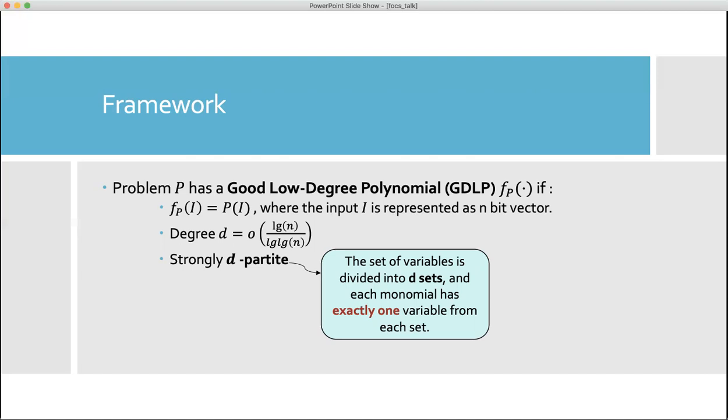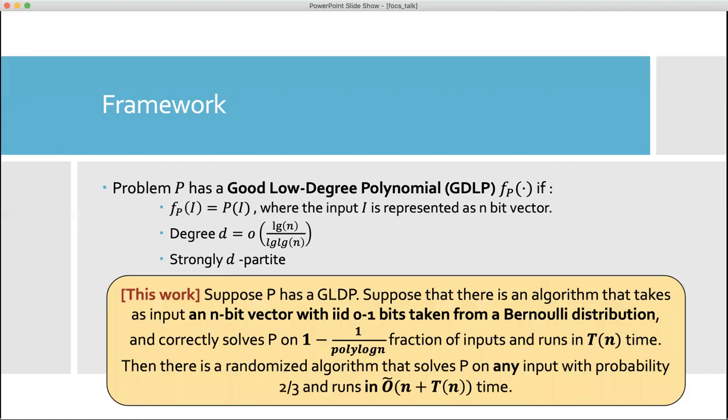So why did we define this notion? It is because of this theorem that says that problems with GDLPs have self-reductions from their worst case to their uniform average case. More formally, suppose P has a GDLP, or good low degree polynomial. Suppose that there is an algorithm that takes as input an n-bit vector with IID 0, 1 bits taken from a Bernoulli distribution, such that it correctly solves P on a 1 minus 1 over polylog n fraction of inputs and runs in T(n) time.